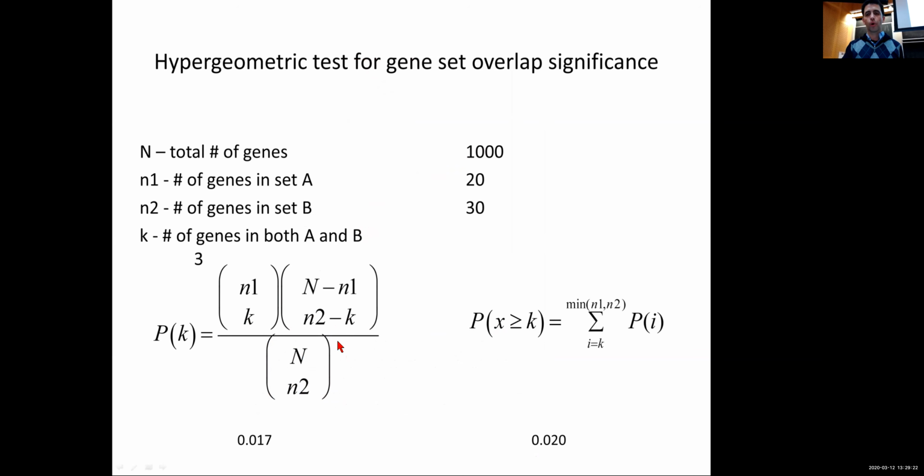And one approach is the hypergeometric distribution that Professor Gifford showed you a few weeks ago.